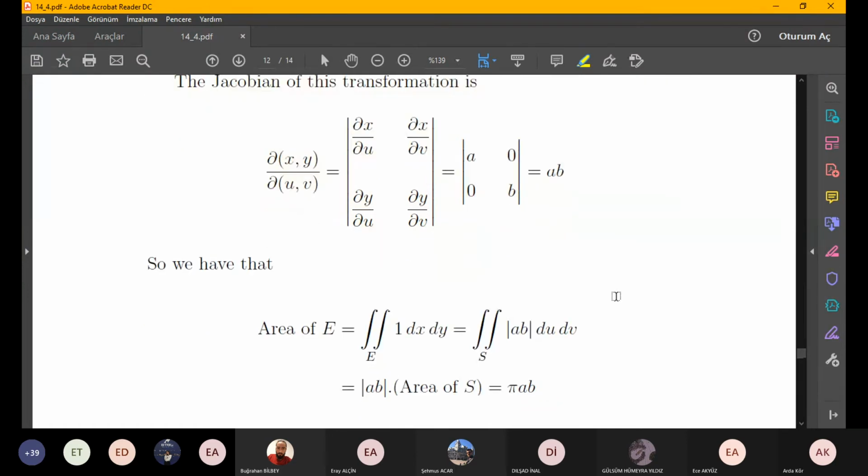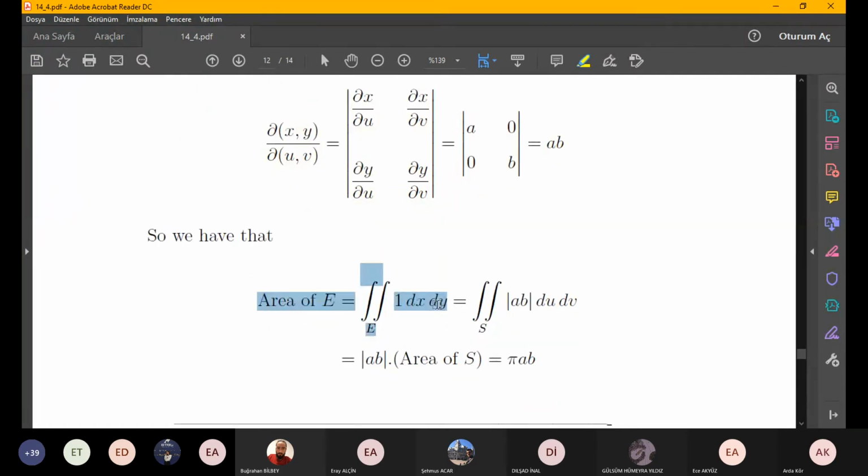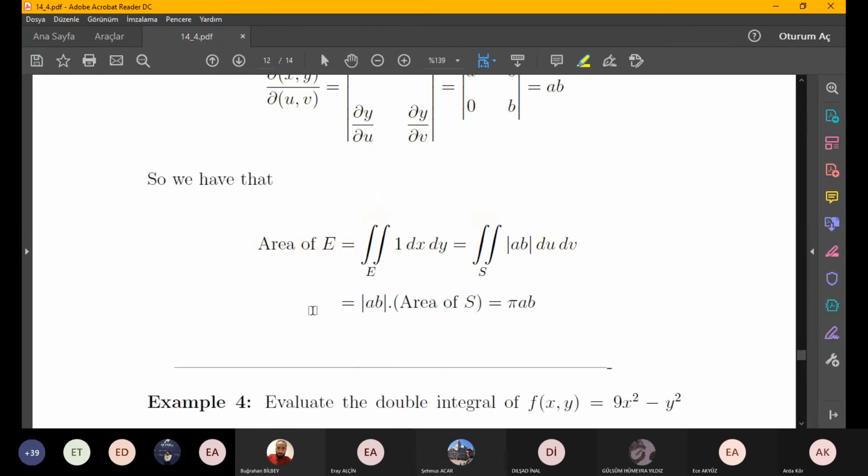That means the area of E, calculated in Cartesian coordinates, is equal to the double integral over S of the absolute value of the Jacobian determinant, the absolute value of a times b, times du dv. This is equal to the absolute value of a times b, where a and b are positive constants, so you can let that constant be outside the integration.